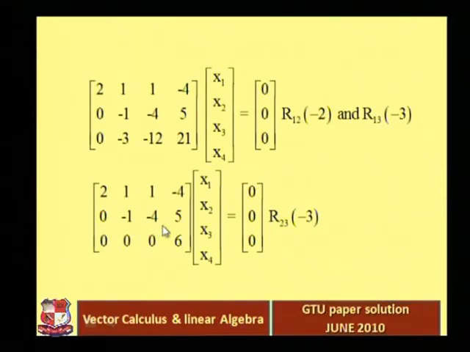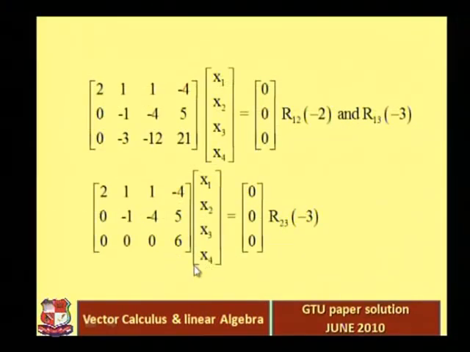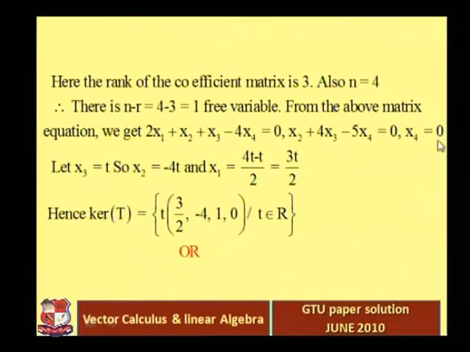Minus x2 minus 4x3 plus 5x4 is equal to 0. Whenever you multiply with minus 1, you will get x2 plus 4x3 minus 5x4 is equal to 0, and the last one is 6x4 is equal to 0. So you will get x4 is equal to 0.